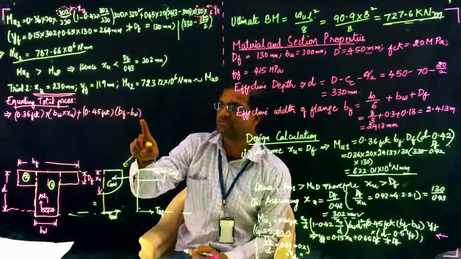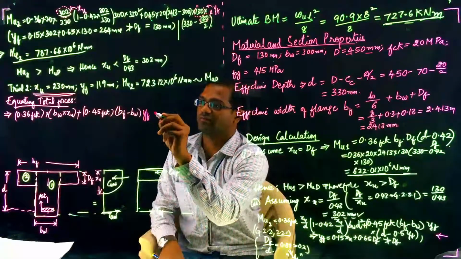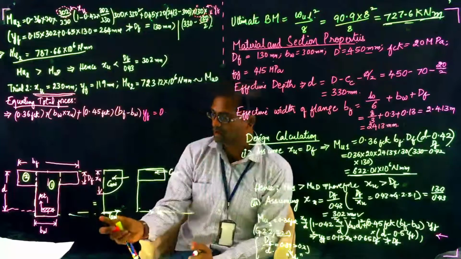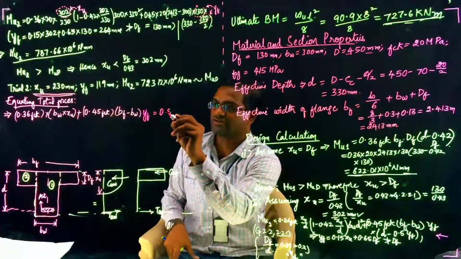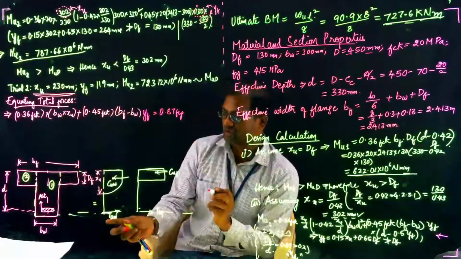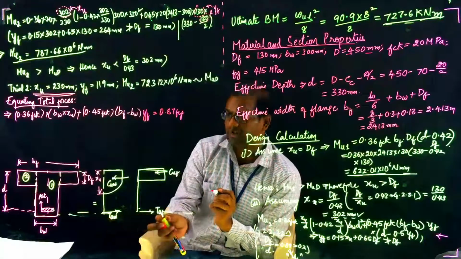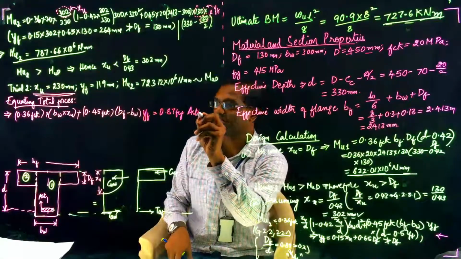So BF minus BW into YF equals 0.87 Fy into ASTW and ASTF, which combine to AST.